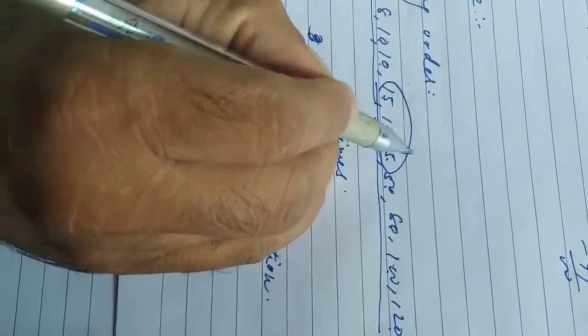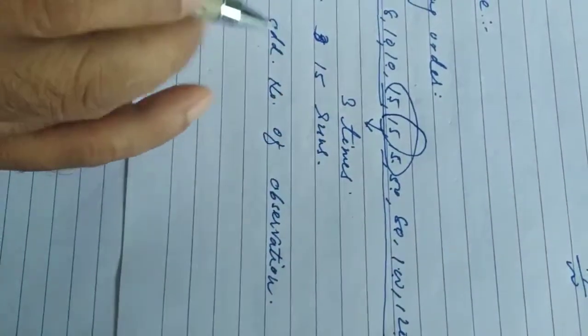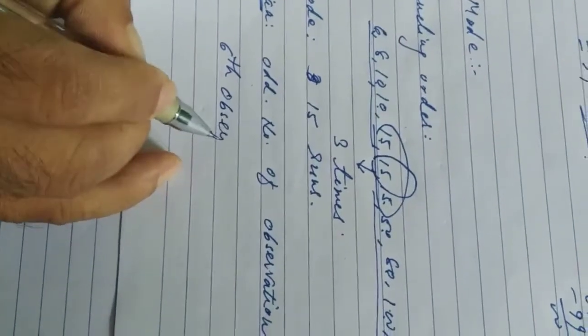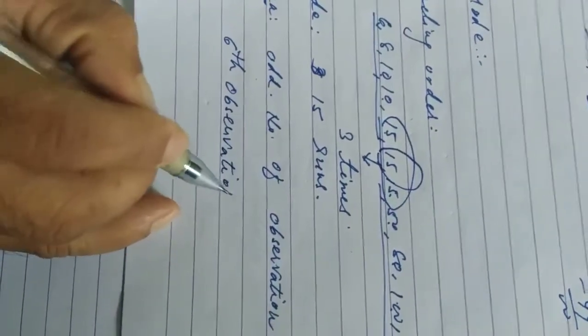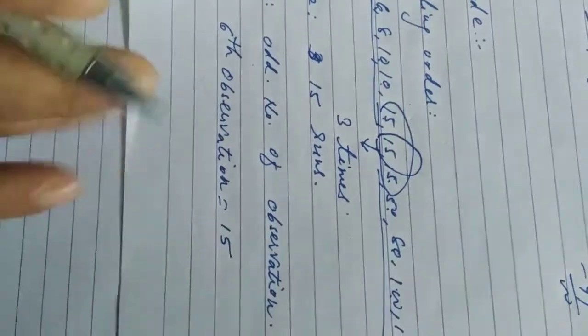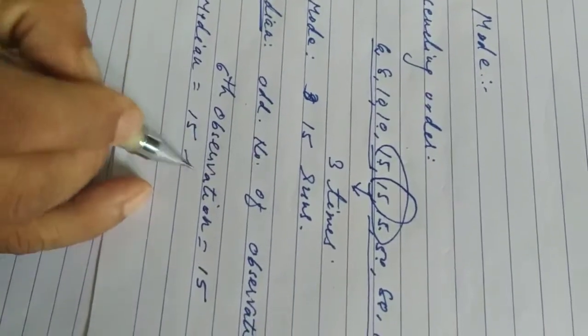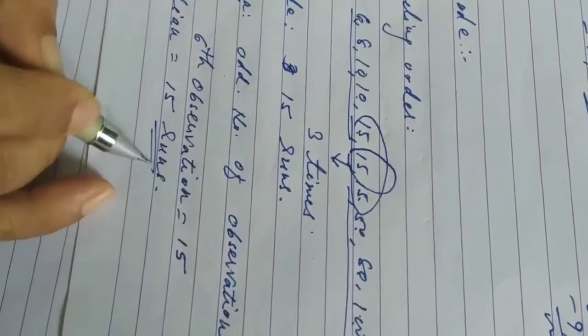So which is in the middle? The 6th observation is 15. So we can say the median of the given data is equal to 15 runs.